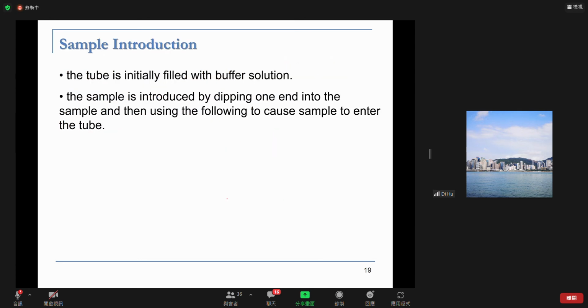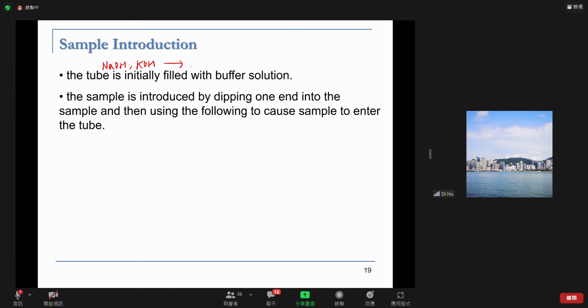And the tube is initially filled with buffer solution. What kind of buffer solution? A basic solution, normally sodium hydroxide or potassium hydroxide, before you use it. Why?